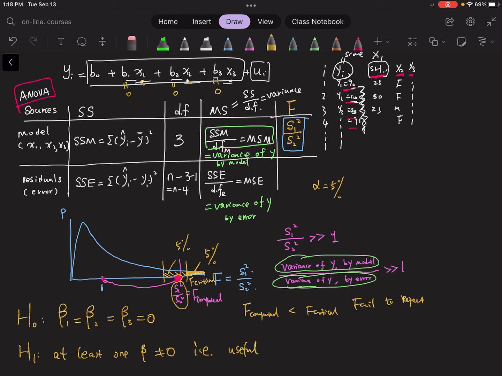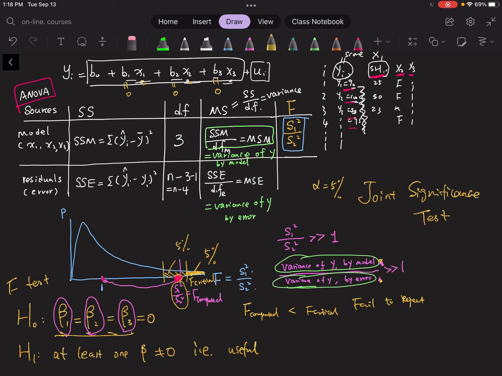See, we just compared more than 2 population means by comparing 2 variances. So that's the F-test. The F-test is also called the global test or joint significance test.